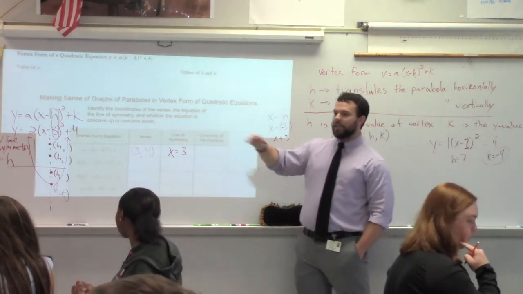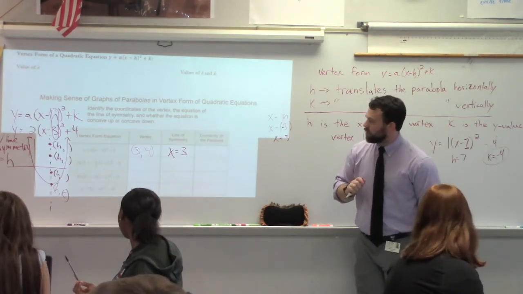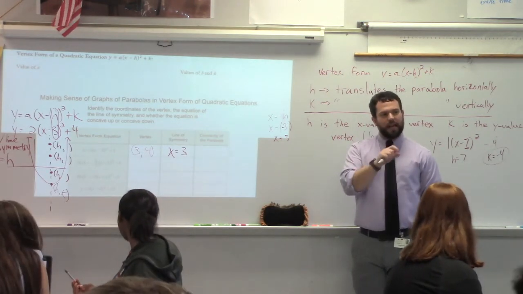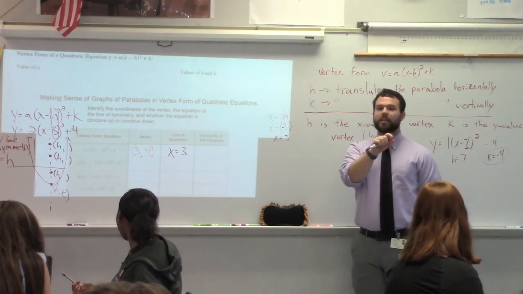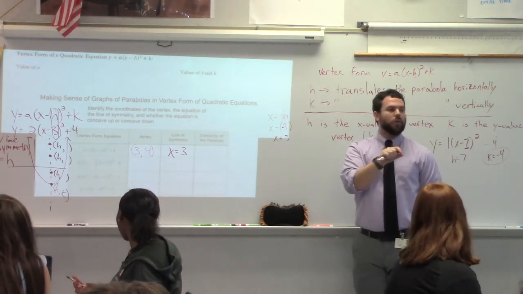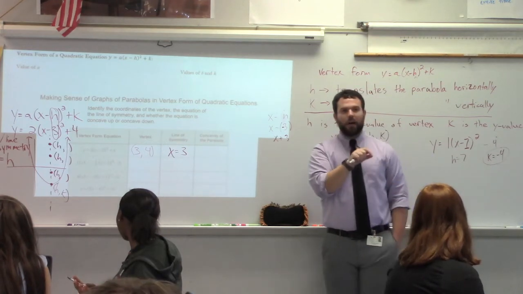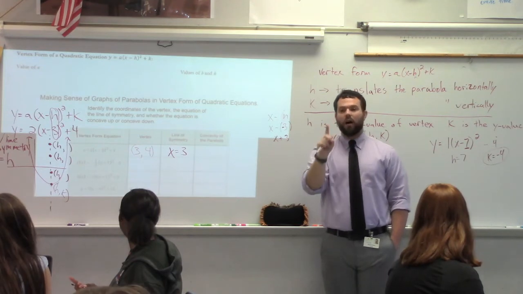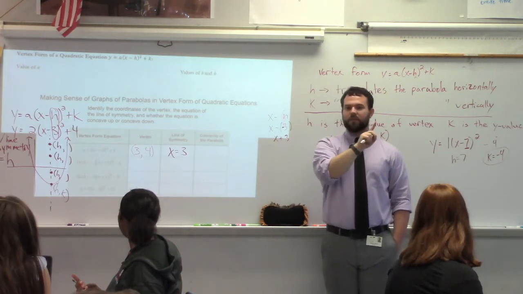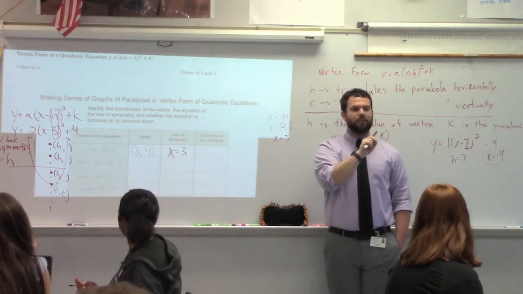Okay, concavity. Any guesses? Concave up. Why? What's the evidence for that? Because A is a positive number. There we go. Now I want you to notice that concavity is not positive. Concavity is either up or it is down. Because A is positive, the parabola is concave up.